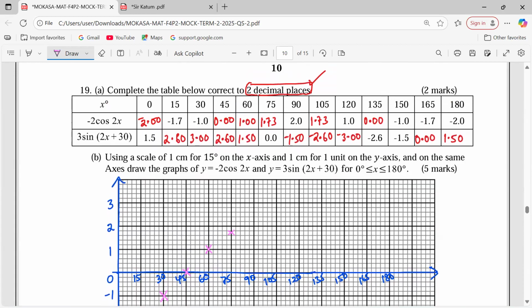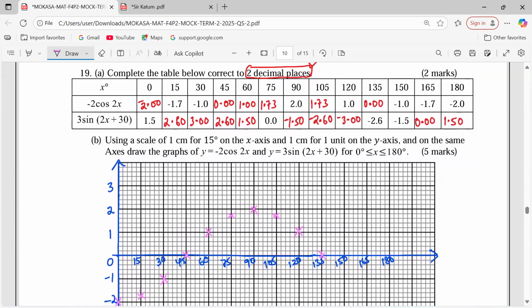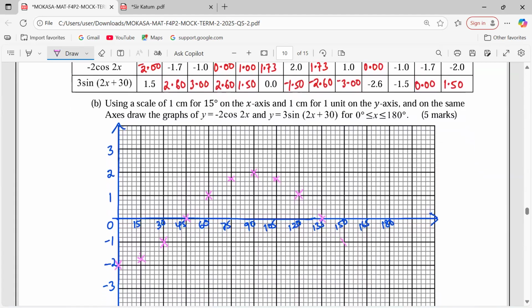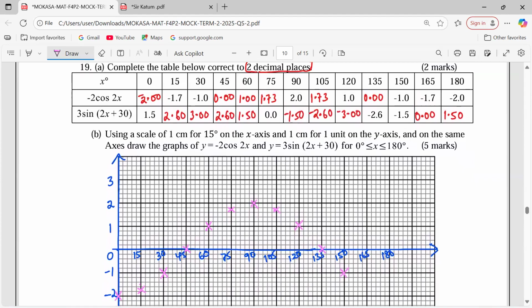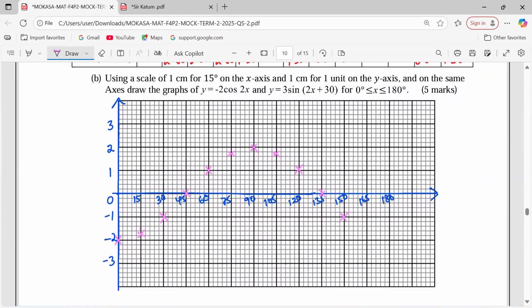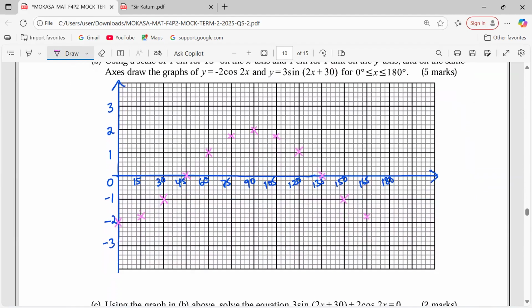Then 90 and 2. 105 and 1.75. 120 and 1. 135 and 0. 150 and -1. 165 and -1.7. Then 180 and -2. So those are the coordinates.